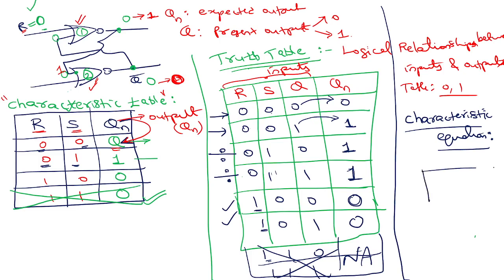We know the output is Qn, and the inputs are R, S, Q. I'm trying to find a simplified expression for Qn in terms of R, S, Q.